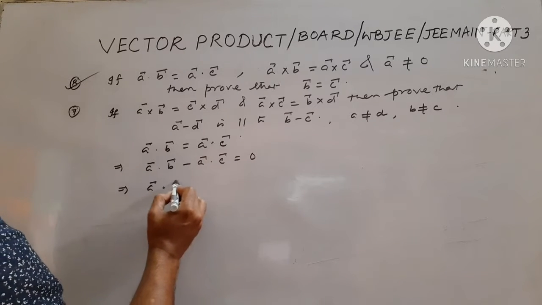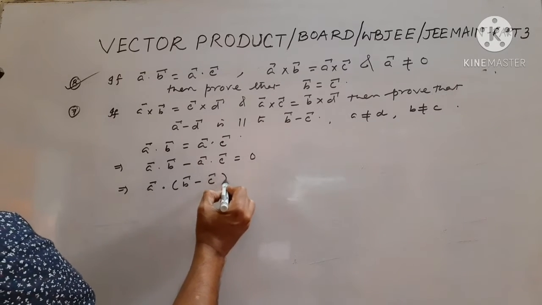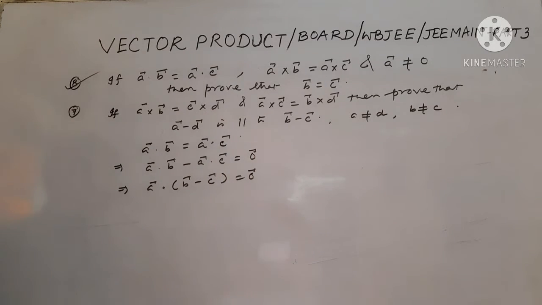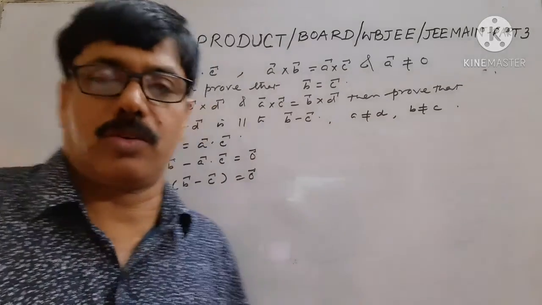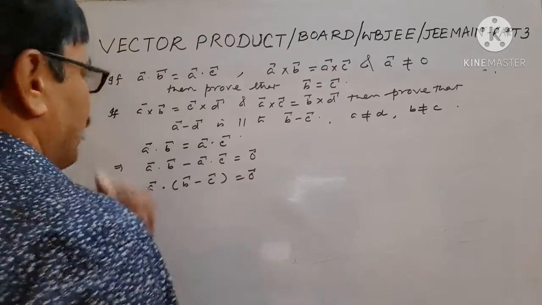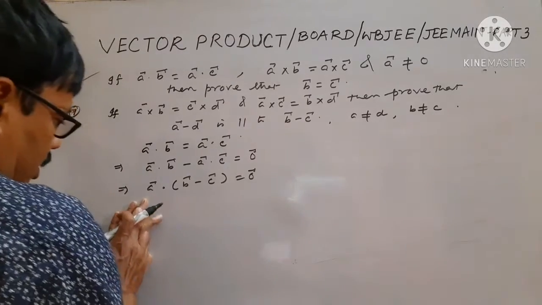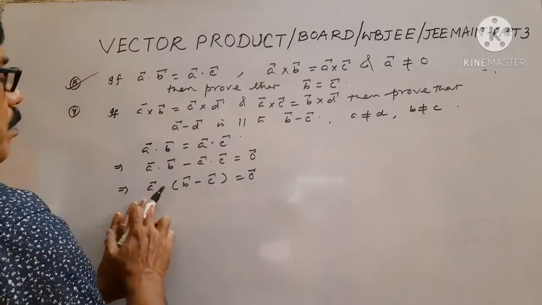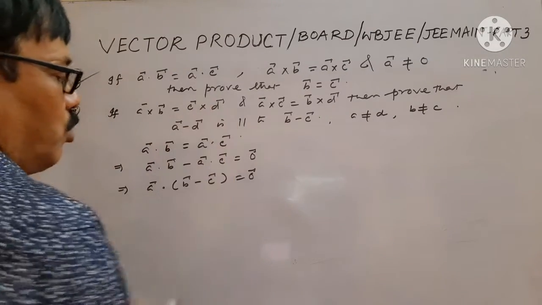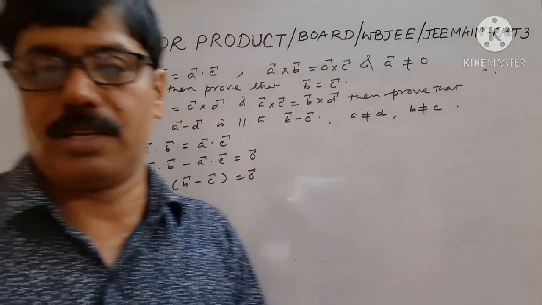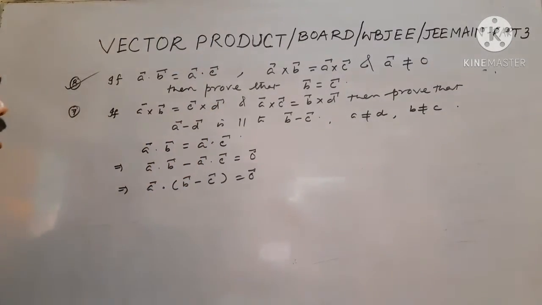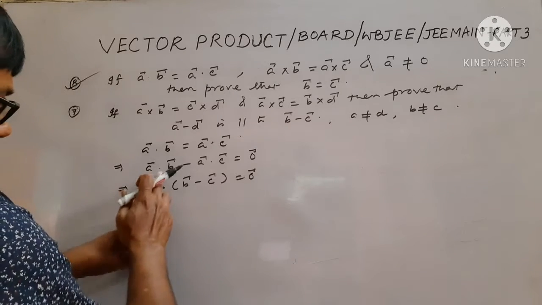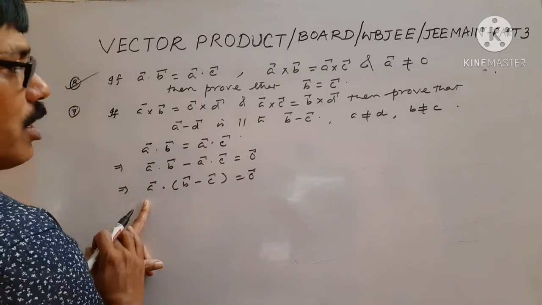Now dot product is distributive. We can write this as 0. That is, this is a 0 vector actually. Now the dot product of two vectors is 0. Then there are three possibilities. A equals 0, or B minus C equals 0, or A is perpendicular to B minus C. So in general we take A perpendicular to B minus C. But if A equals 0, then also the dot product is 0.